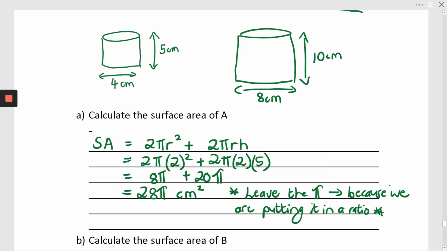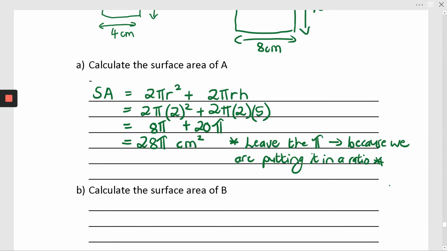Right, now we want to calculate the surface area of B. So I want to remind you that everything that I've got in my calculations for A is just going to double, but obviously not the pi. That's not actually one of the measurements. It's just part of the thing that I multiply the measurements by. So this is going to be 2 pi, and instead of the 2 for the radius, I now have 4 squared.